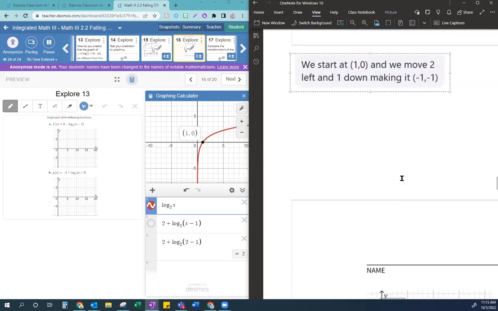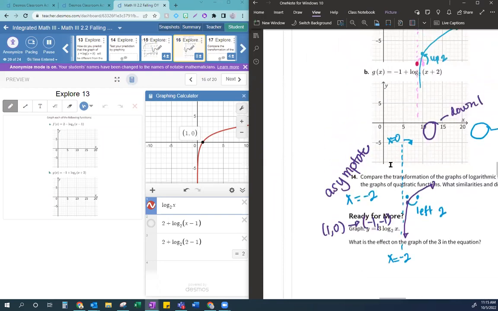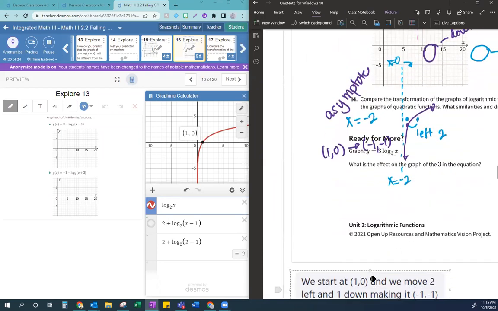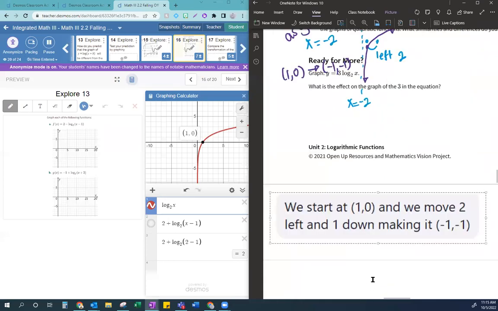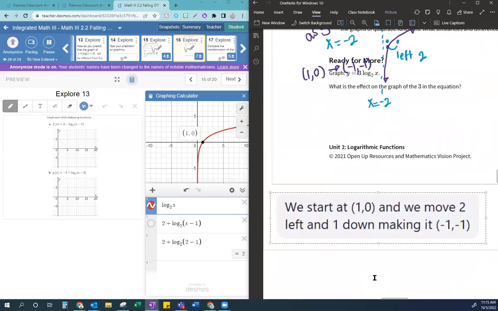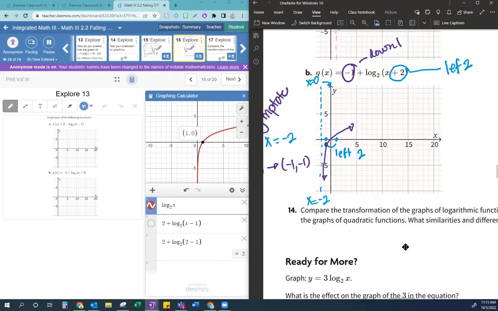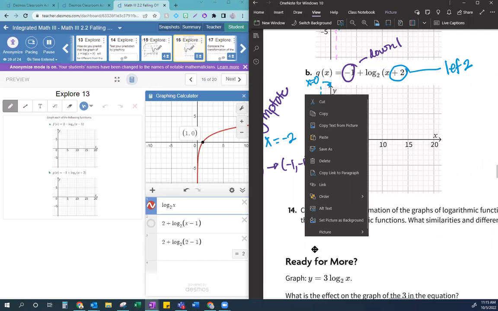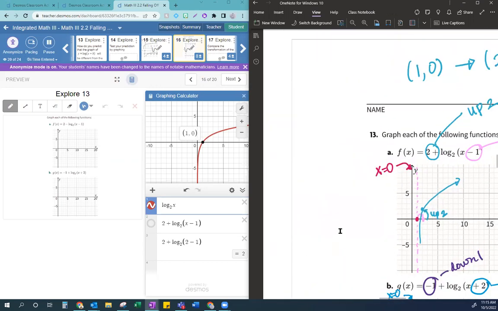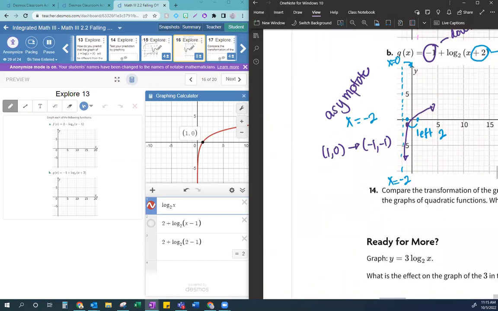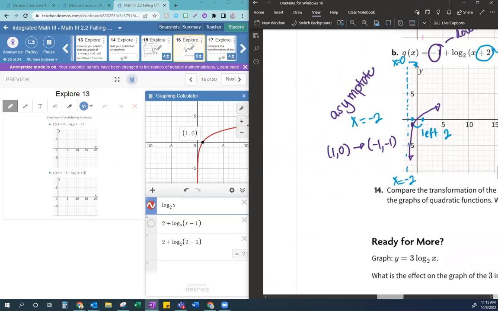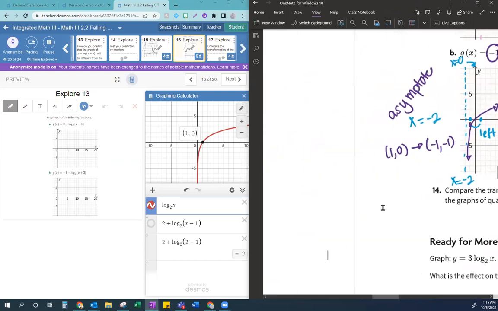Where in the world? Yeah, right there. Oh no, it shifted everything. Hold on. There it goes. Ooh, that's bad. Oh man. Yay, there it is. Okay, sorry. Okay, there you go. So let me put it where I want it again. Right here is probably a good place.